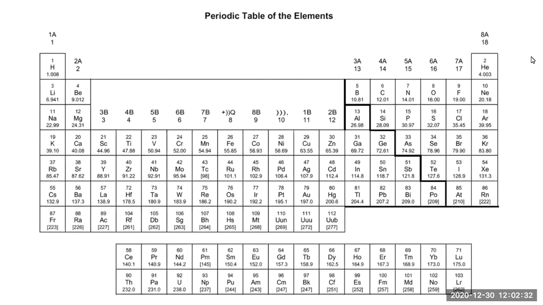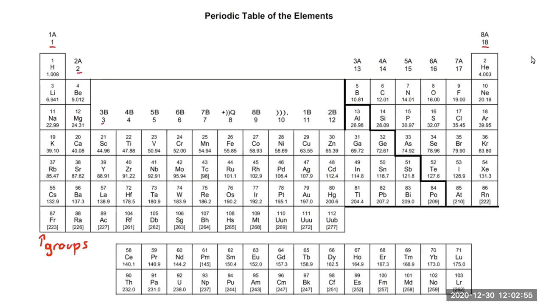So our columns are also known as our groups, and they go vertically up and down the periodic table. So we'd have group 1, group 2, group 3, 4, 5, 6, 7 to group 18. All of those are different groups.